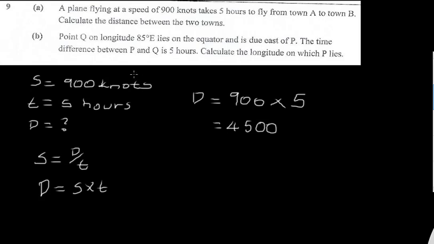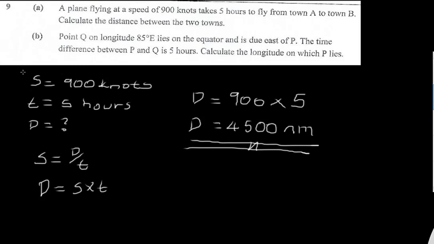So whenever you have a speed given in knots, it means that the distance is in nautical miles, which is denoted by nm. So therefore, this is our distance between town A and town B, 4,500 nautical miles. So we can move on to question B, 9b.